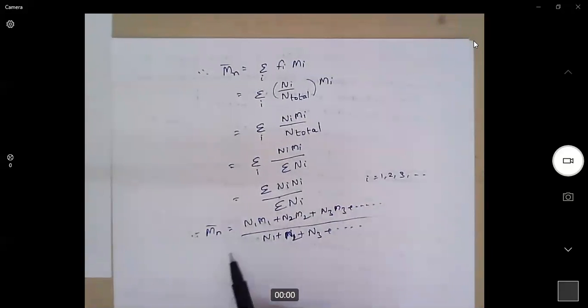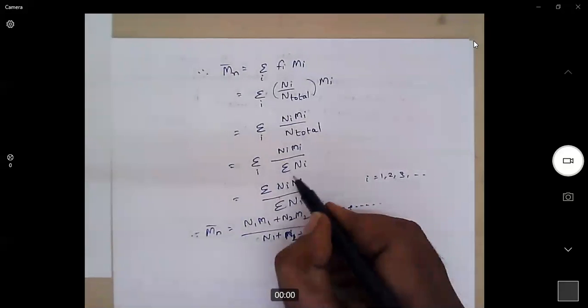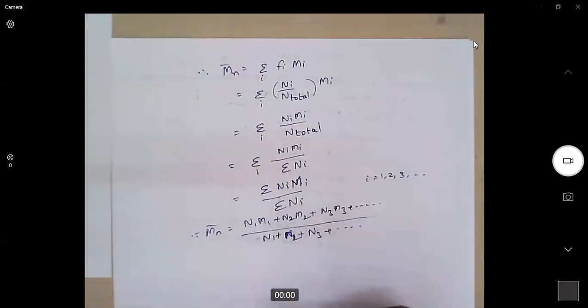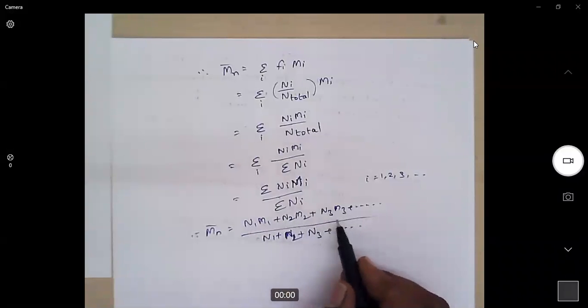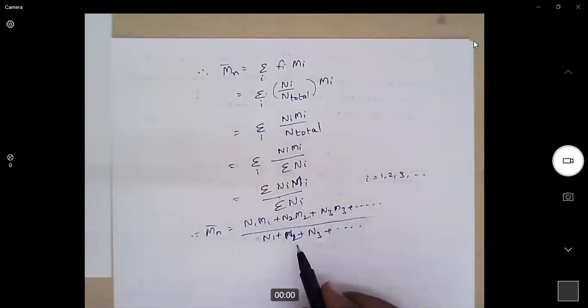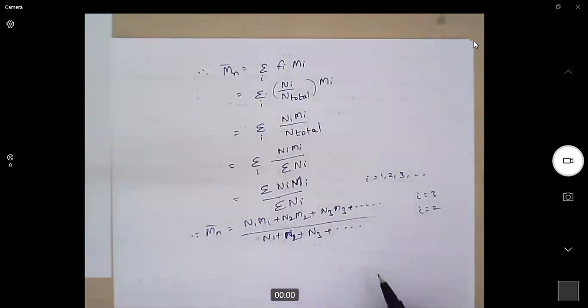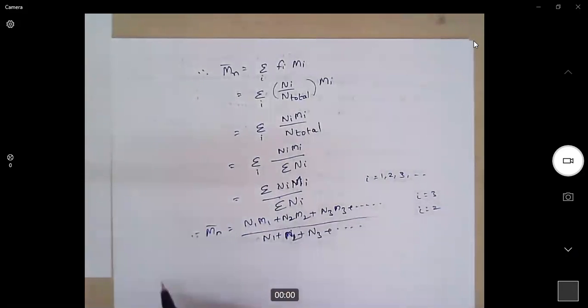Number average molar mass is nothing but sigma Ni Mi by sigma Ni. When we look at this full form, N1 M1 plus N2 M2 plus N3 M3 by N1 plus N2 plus N3, if we were given i is equal to 3, we will write only first three terms. If i is given as 2, only two polymer molecules are involved, then we will write only first two terms, N1 M1 plus N2 M2 by N1 plus N2.